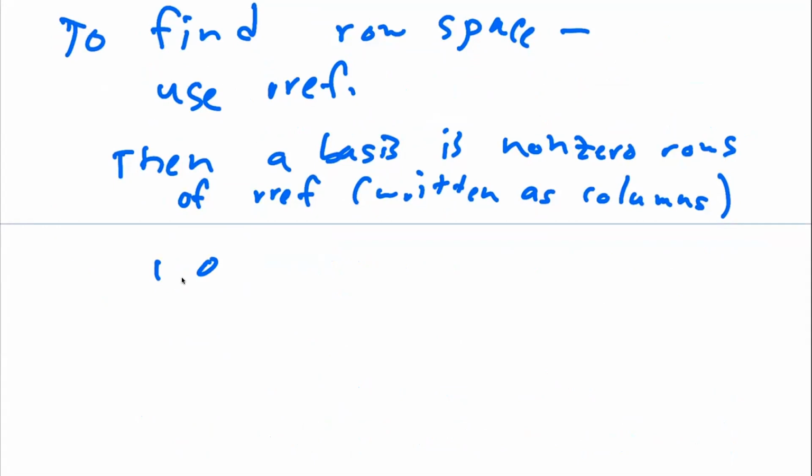Yes, 1 0 1, 0 1 negative 1 9th, and then a 0 row. That's weird. You got the first one right? I mean, you got part A right? The basis for the column space.